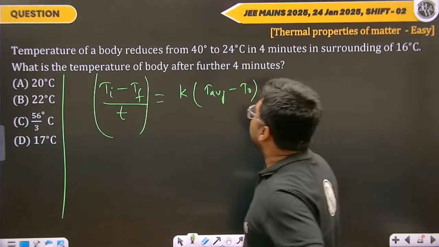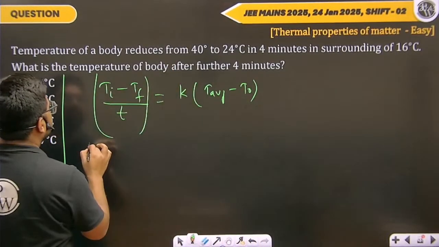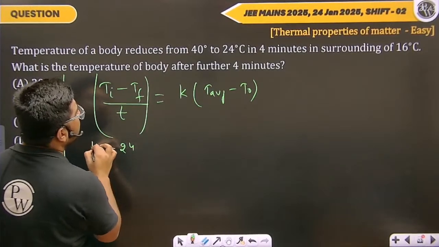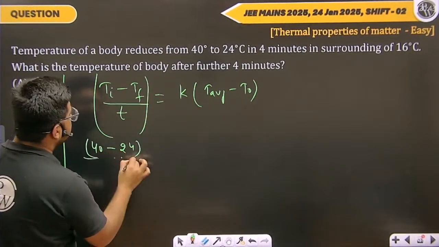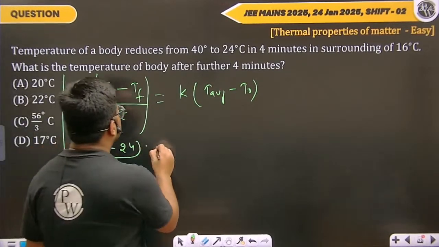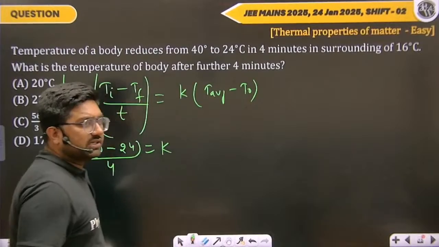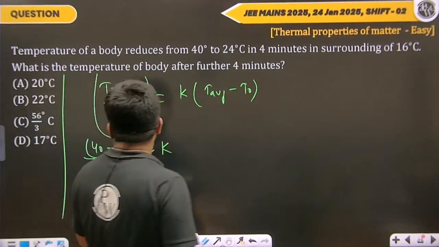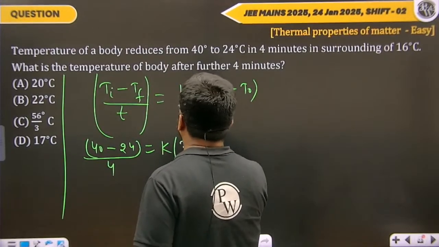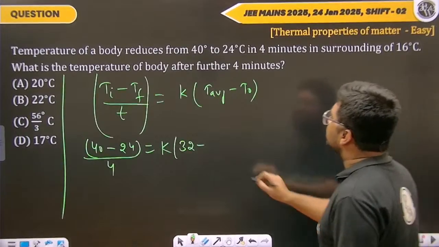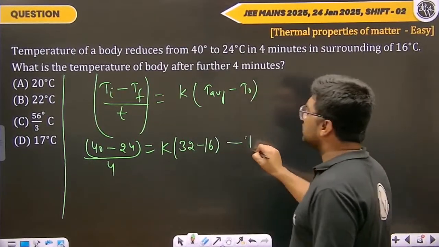Ti is 40, T final is 24, and this is divided by 4. So K, and T average is 40 plus 24, 64 by 2, that is 32, minus T naught. T naught is surrounding temperature. This is 16 degree. This is equation number 1.